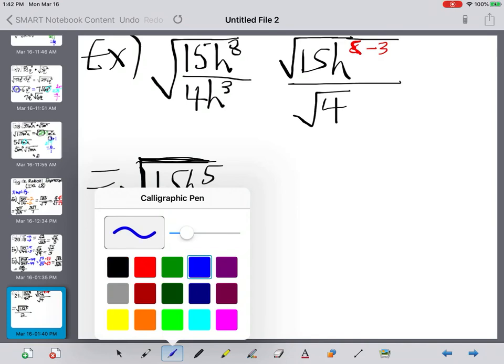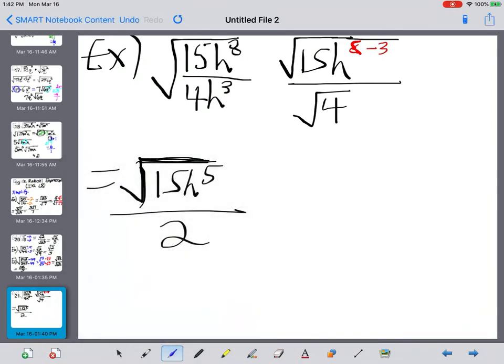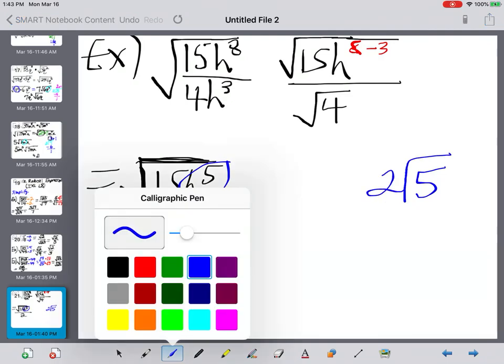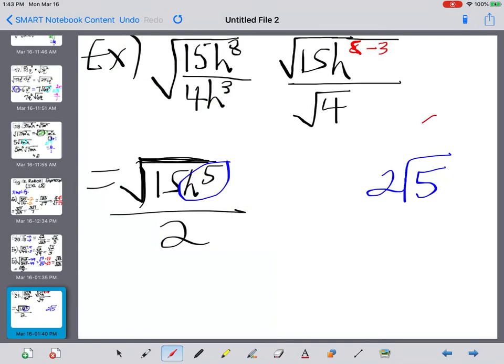So let's do that. So I need to simplify this. I'm going to go 5, and since I'm taking the square root, I'm going to divide that by 2. So 2 goes into 5 2 times. 2 times 2 is 4. Subtract that, I get 1. So I'm going to have 2, remainder 1.